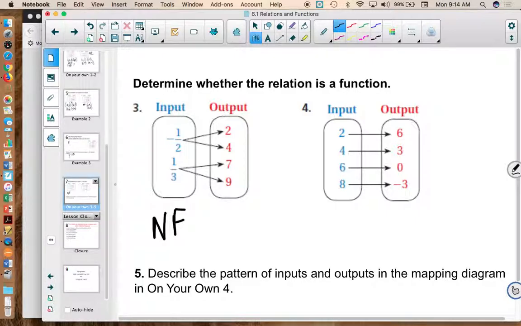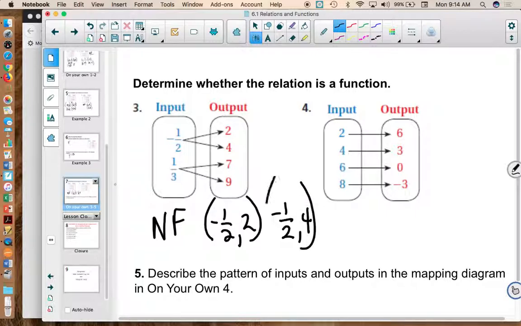Now, Tyler, why? Because there's 2 inputs for 1 output. No, there are 2 outputs for 1 input. So negative 1/2 kicks out a 2. Negative 1/2 also kicks out a 4. Not a function.